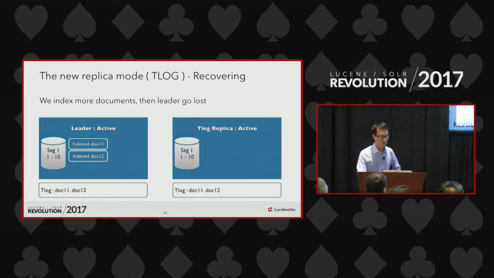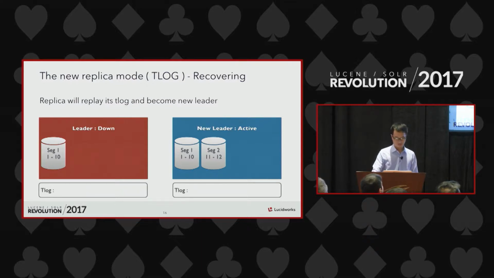For example, we index more documents, and the leader goes down. But because the T-log replica has doc 11 and doc 12 in its transaction log, the replica can replay its transaction log and become the new leader. So we do not lose any documents.